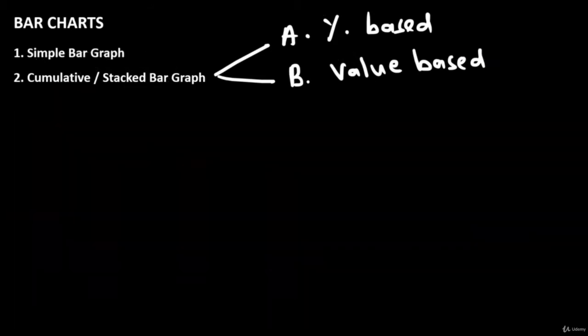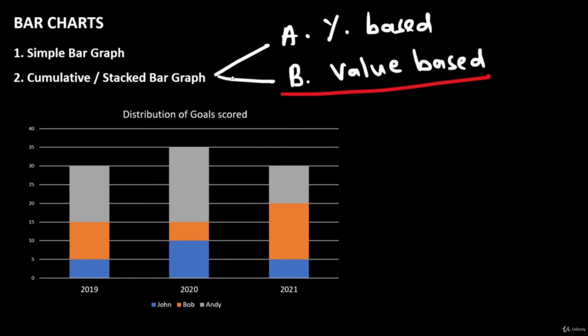Now let's move on and look at a value based cumulative or stacked bar graph. Now let's take an example to understand this. All right. So again, over here you have a heading, you have a legend, you have a x-axis and y-axis. Now over here, let's quickly see the table form of this stacked bar graph.